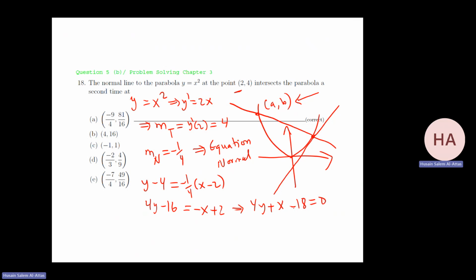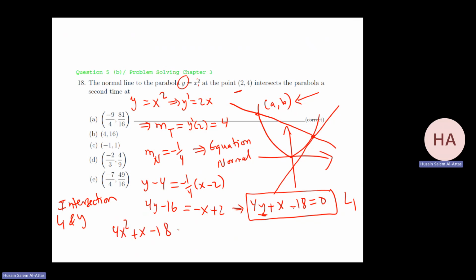I want to equate the intersection between this, call it L1, and y. I need y equals x squared, so I change this into x squared. So I have 4x squared plus x minus 18.